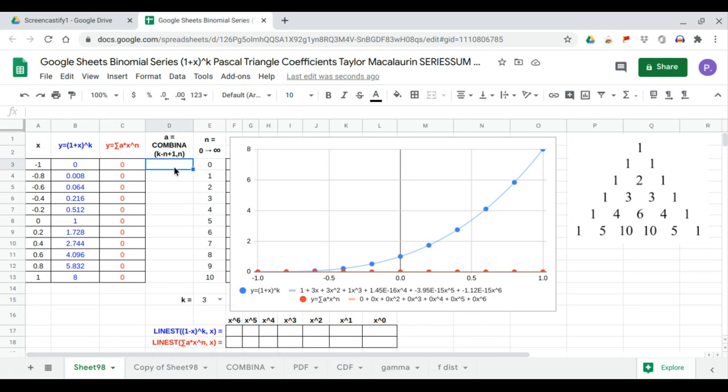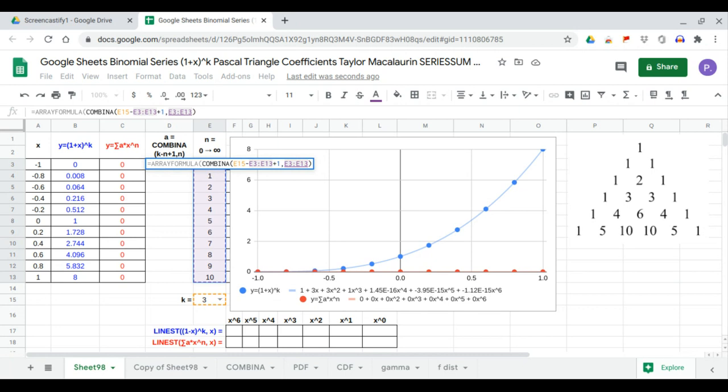Now we can work on the coefficients, which is an array formula, COMBINA. Inside the COMBINA is k minus n plus 1, comma n.